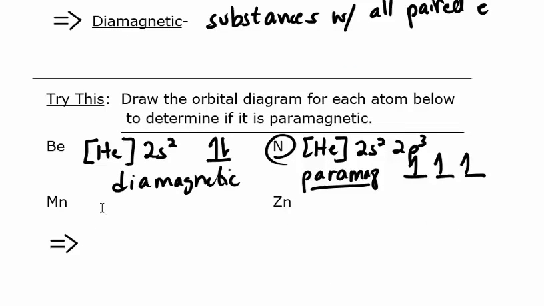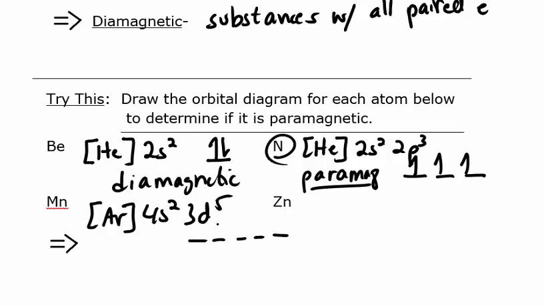So the configuration will be argon, 4s2, 3d5. We only have to look at the 3d5. There are 5 electrons in it, so because of Hund's rule, they'll all be in separate orbitals. Therefore, it is paramagnetic.